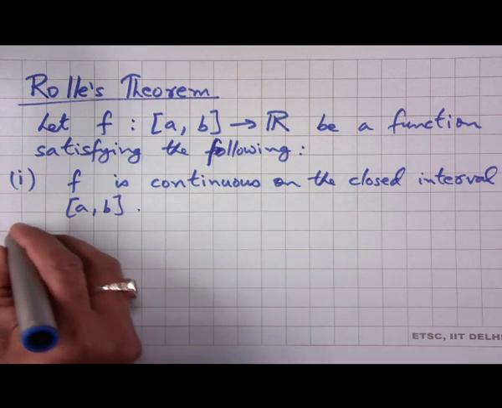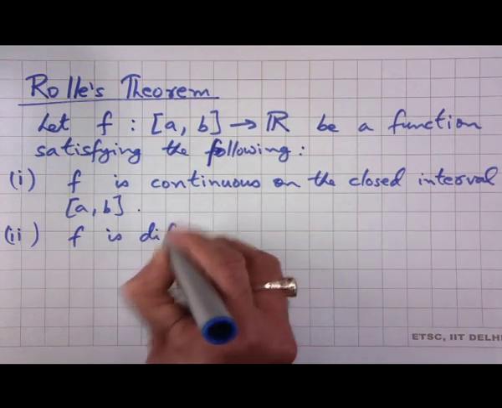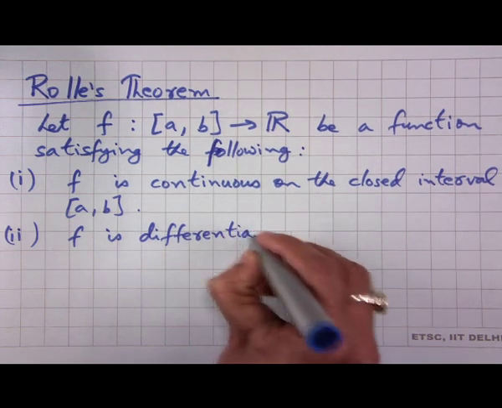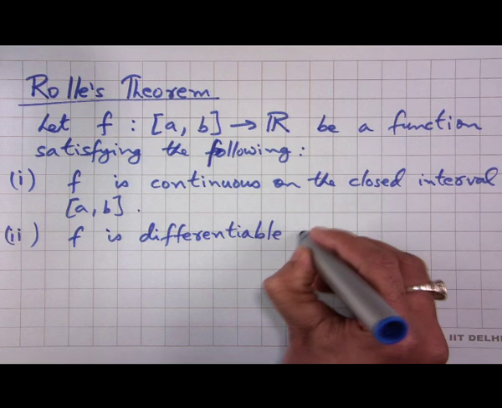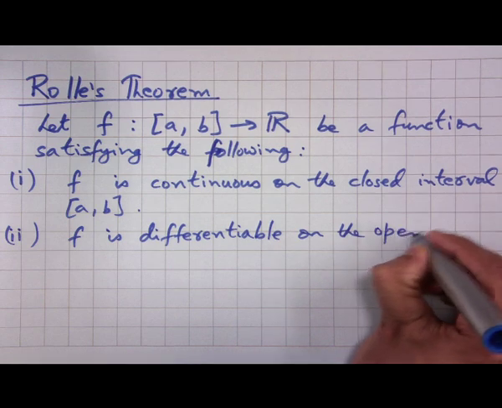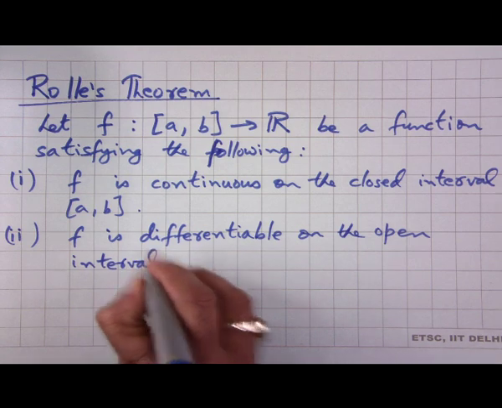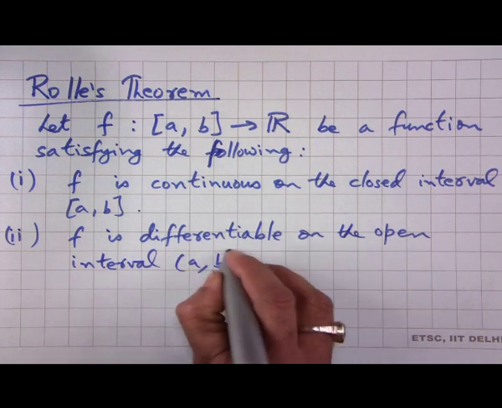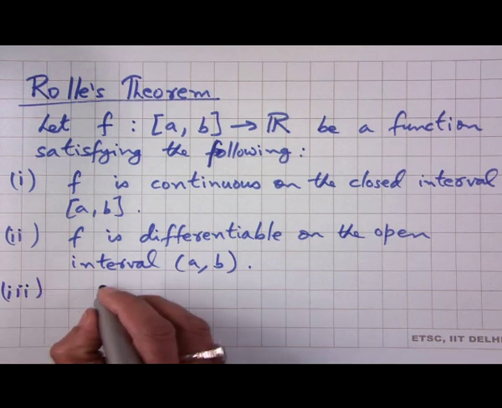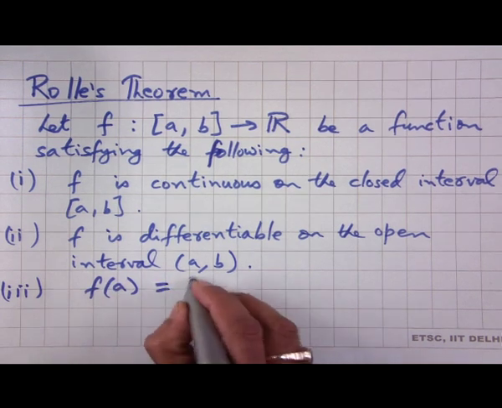Second assumption is that f is differentiable on the open interval (a, b), and the third assumption is that the value of the function at the end points, that is f of a, is equal to f of b.